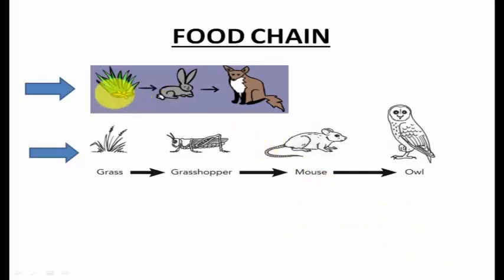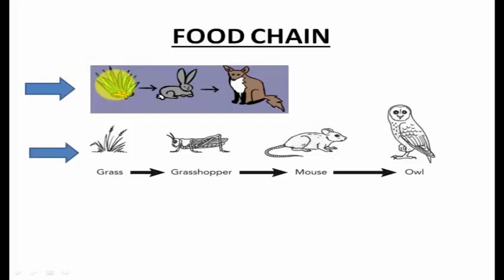Just look at this first chain here. This is a green plant or green grass. Now this green grass is eaten by a rabbit, after which the rabbit is eaten by some wild fox or, let's say, a wild dog. So this becomes a chain. What happens in this chain? This is the primary producer, which is a plant.